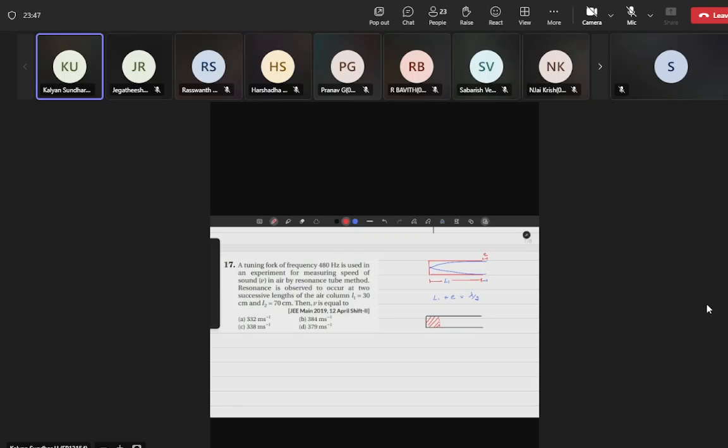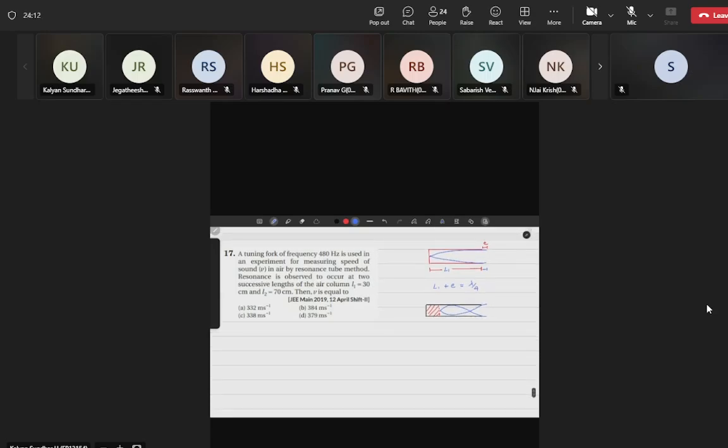Now, what is the second one? How will it form? Node to antinode. Right. Now the second, the next resonance, forms at this scale. What will its length be? Some different length, L2 plus this value. Correct?